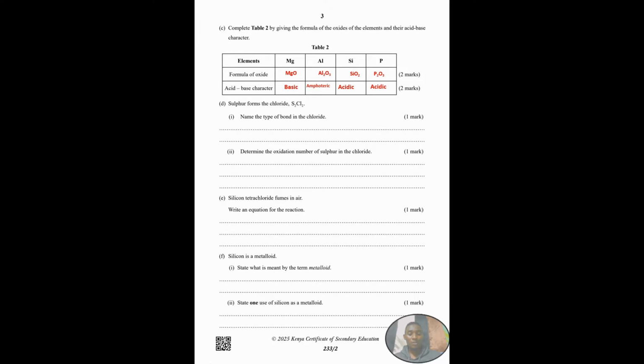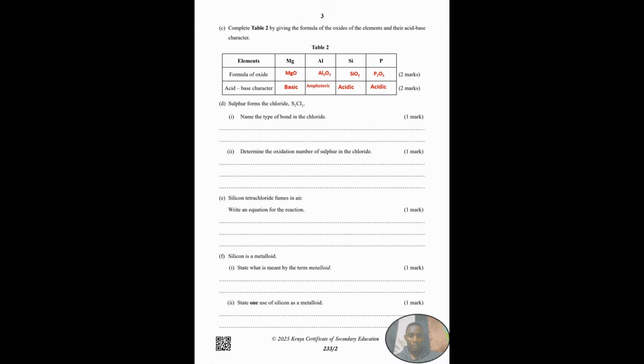Looking at part D of question 1, sulfur forms a chloride, which is sulfur chloride. Name the type of bond in the chloride.